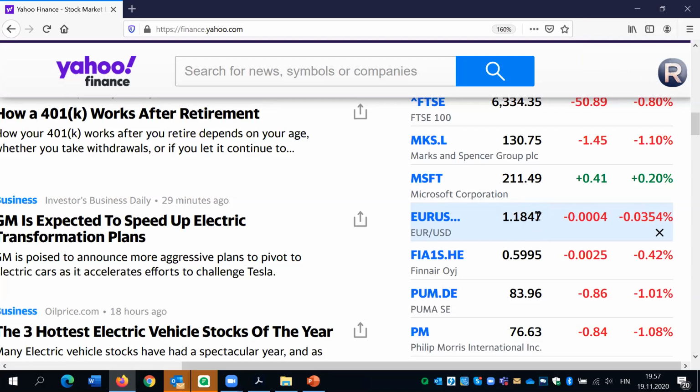US perspective. Because €1 is equal to US dollar 1.1845, and the US dollar is the local currency of the USA. So obviously it cannot be euros. It means this 1.1847 is the direct quote if you are in America.